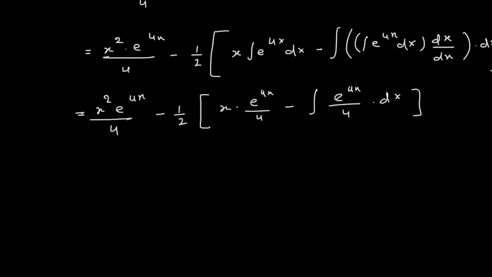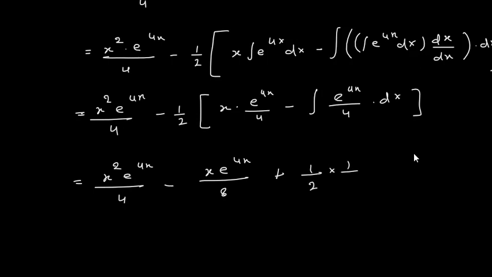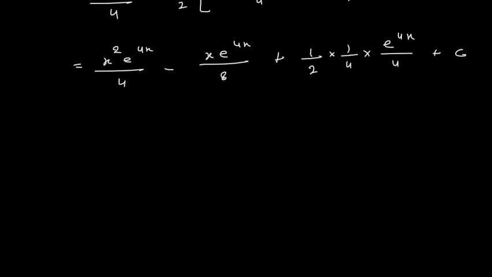So this is equal to x square e power 4x upon 4 minus, I will open the bracket, so it is x into e power 4x upon 4 into 1 by 2, and this minus and this minus will be minus minus plus, 1 upon 2 into 1 upon 4 into, now integration of e power 4x is e power 4x divided by 4, and then plus c. So e power 4x we can take common.